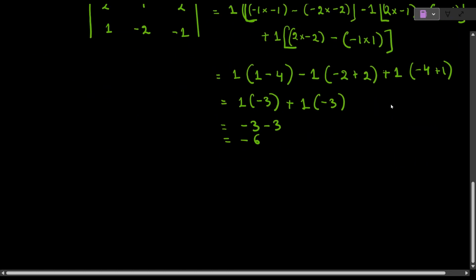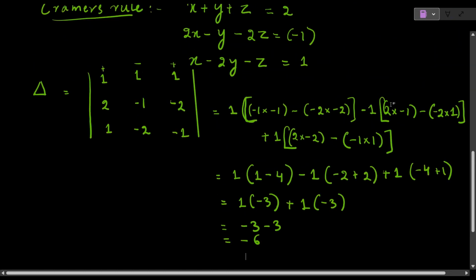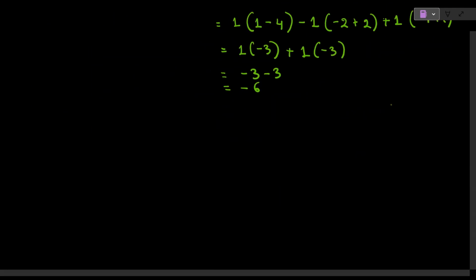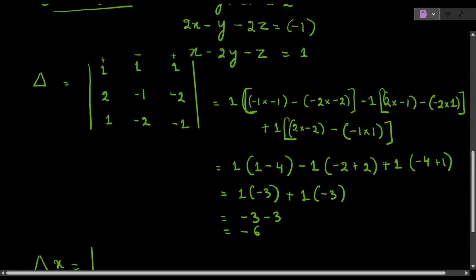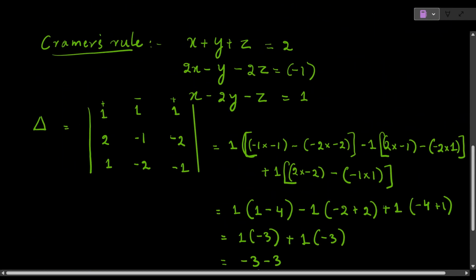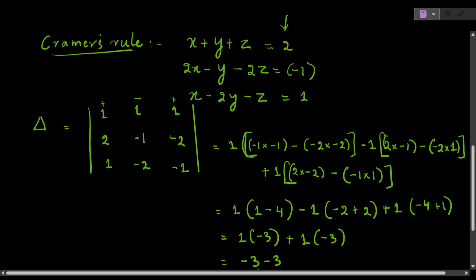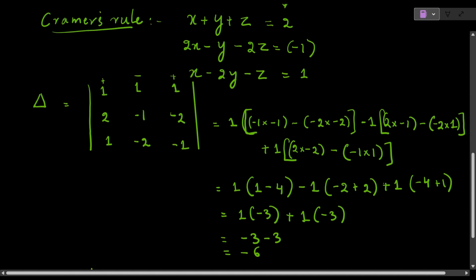Okay, students. Next what we have to do? We have to take the determinant of x. How to write that determinant of x? I'll tell here. Instead of writing x coefficients, we have to write the constant terms. Whatever is there in the RHS part, we have to write 2, minus 1 and 1.